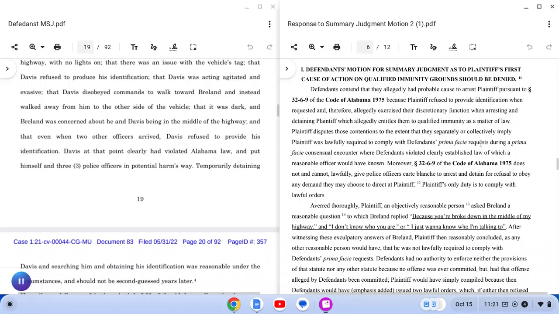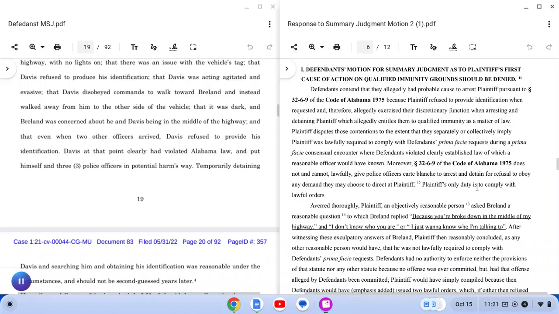Notice I said a request and not order. During a prima facie consensual encounter where defendants violated clearly established law of which a reasonable officer would have known. Moreover, Section 3269 of the Alabama Code 1975 does not and cannot lawfully give police officers carte blanche to arrest and detain for refusal to obey any demand they may choose to direct at plaintiff.